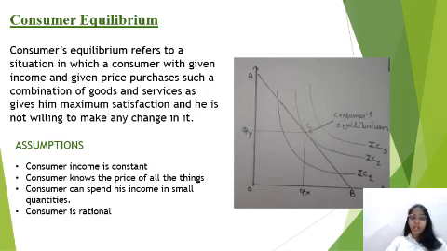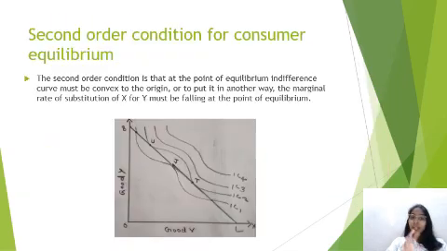These are the assumptions. The consumer's income is constant. The consumer knows the prices of all things. The consumer can spend his income in small quantities. The consumer is rational. The next one is the second order condition of consumer equilibrium.